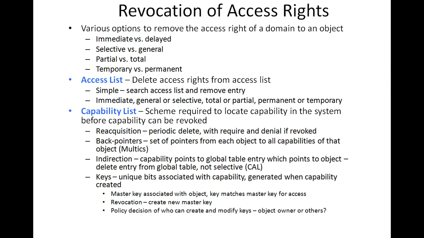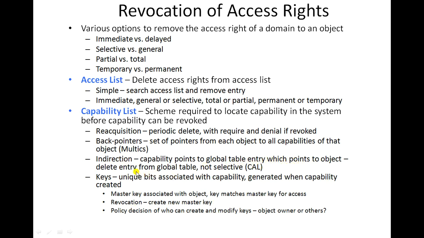Second, back pointers. A list of pointers is maintained with each object, pointing to all the capabilities associated with that particular object. When a revocation is required, we can follow these pointers, changing the capabilities whenever it is necessary. This kind of scheme is adopted in the Multics system. The next option is indirection. In case of indirection, the capability points to a global table entry which points to the object.